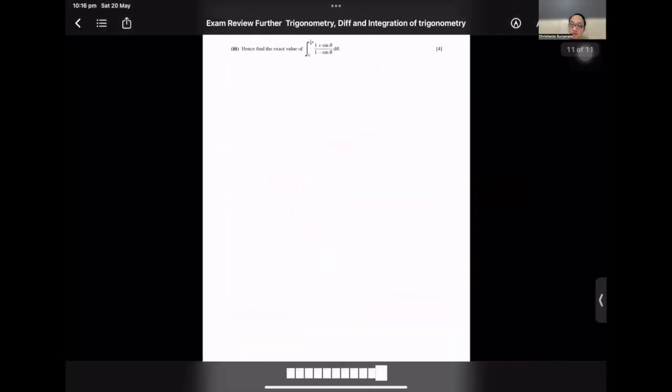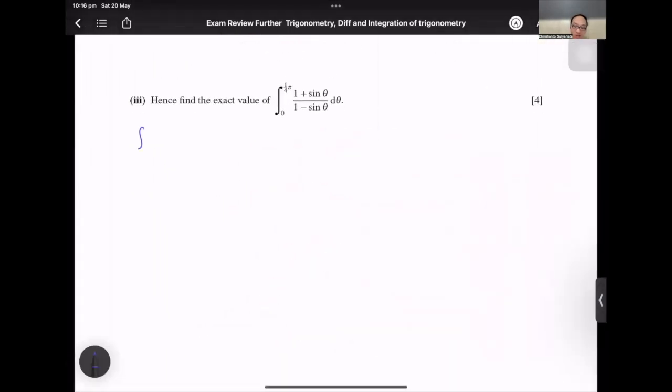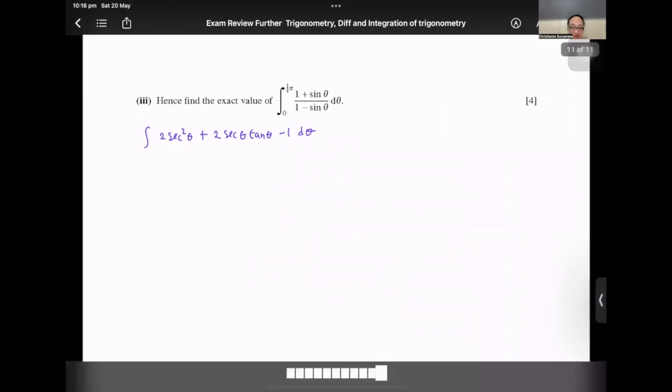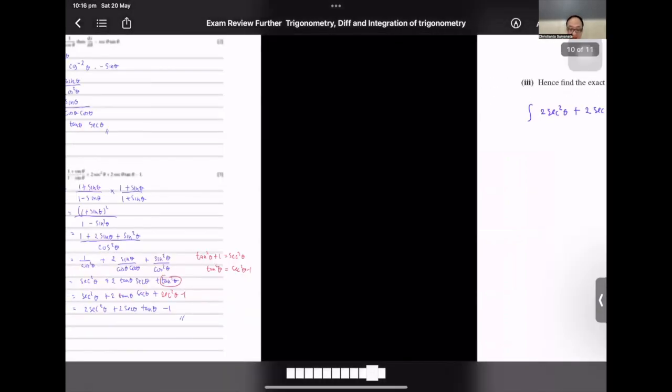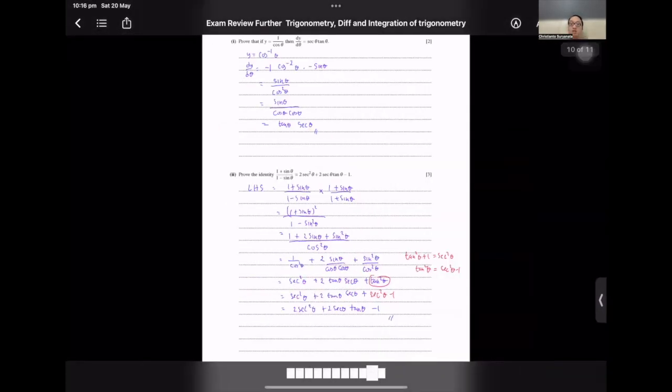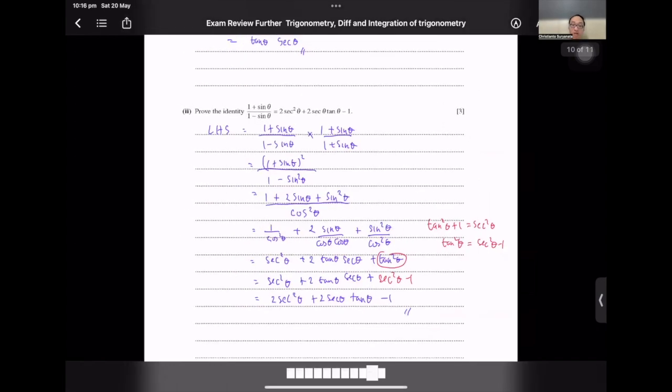That means we can use this integral: 2 secant square theta plus 2 secant theta tangent theta minus 1 d theta. Let me check first, is it correct? 2 secant square plus 2 secant tangent minus 1, yes, that's correct.